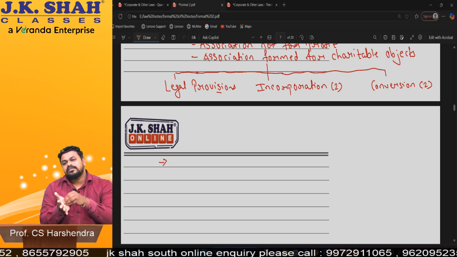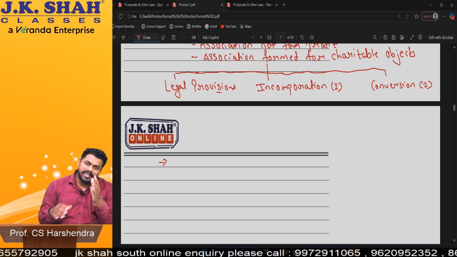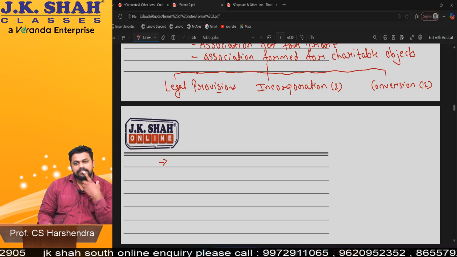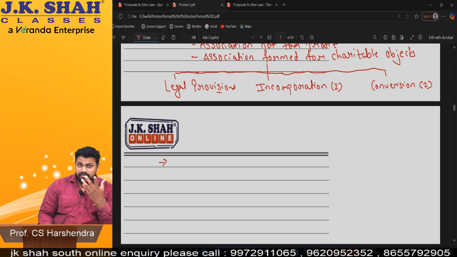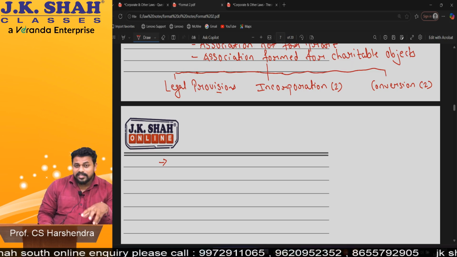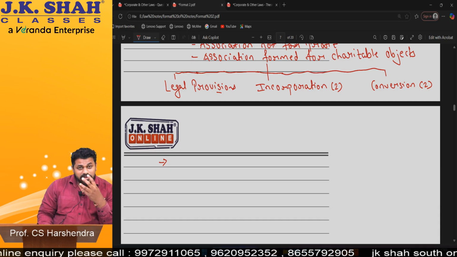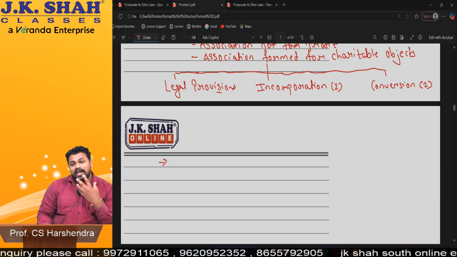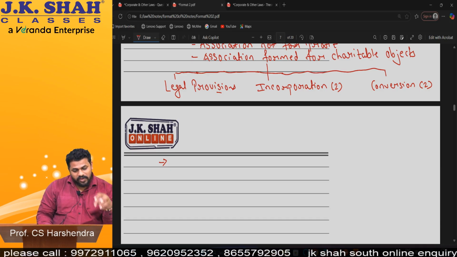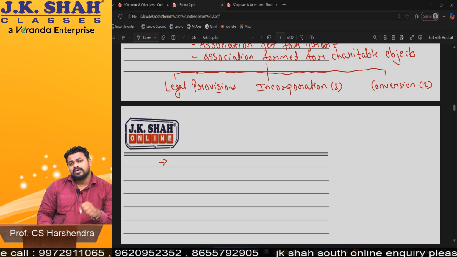I'll form a trust, I'll form an NGO. No? Why the hell will I go for forming a company? Answer that. Foundation people have studied Section 8 company in their foundation, so tell me this answer. This is one of the interview questions which we generally ask. Why would I form a company? I would form a trust or an NGO, right?